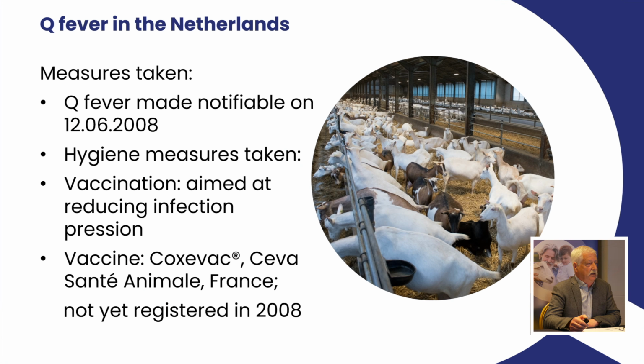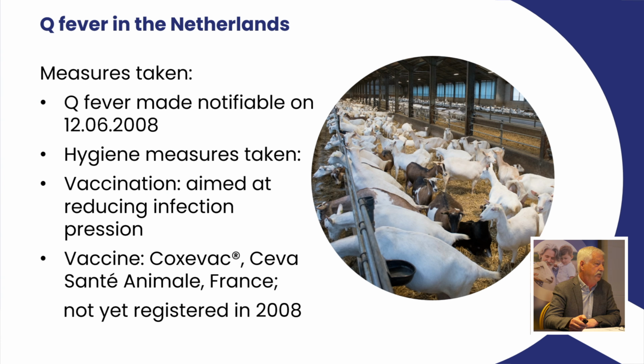What measures? That was quite difficult at the start because we didn't have experience. In June 2008, 1 year after the first outbreak, Q fever was made a notifiable disease for dairy sheep and dairy goats. Quite some hygiene measures were taken without us knowing what the possible results of that would be.